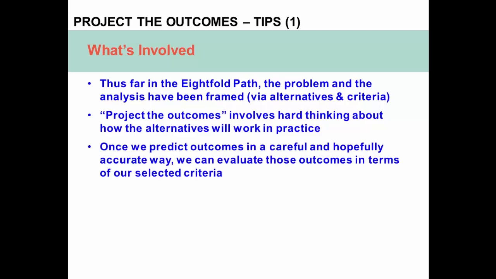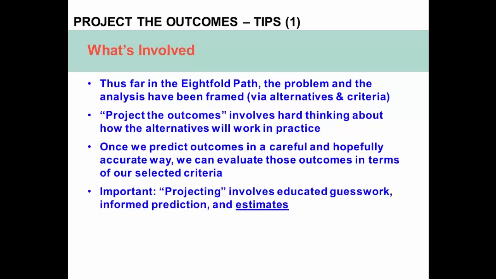Once we predict their outcomes in a careful and hopefully accurate way, then and only then can we evaluate those outcomes in terms of our selected criteria. In fact, projecting the outcomes successfully is necessary for utilizing the criteria meaningfully.